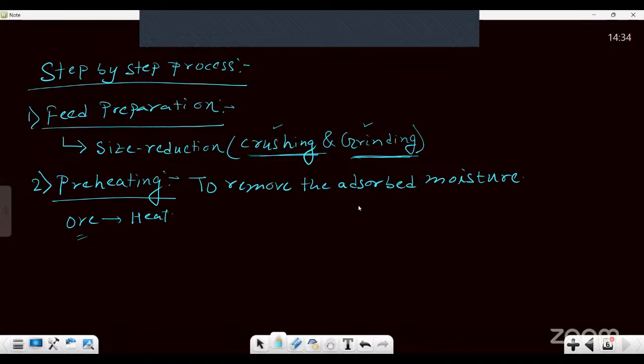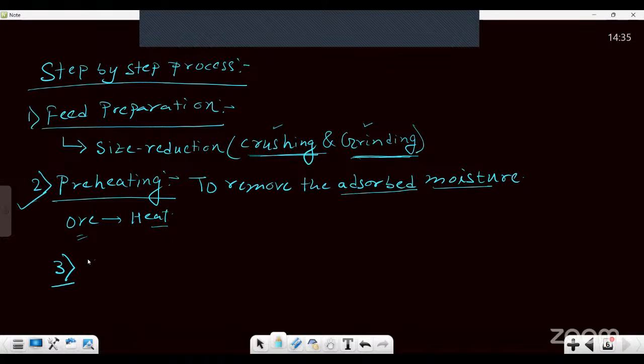And after that comes the calcination process, where I elevate the temperature. Physically adsorbed water is removed first. If I am heating it to the decomposition temperature, at high temperature chemically bound water, hydrates and volatile compounds are also removed. So physically adsorbed moisture is removed by preheating.